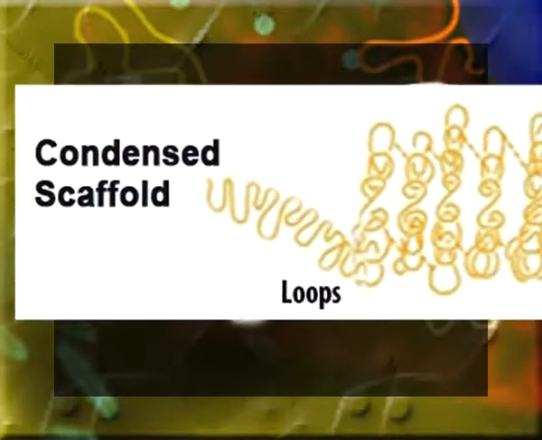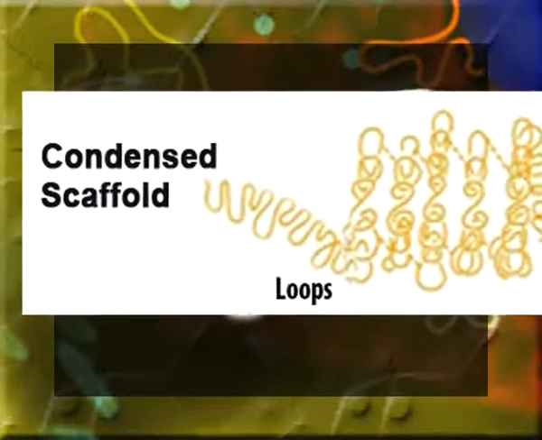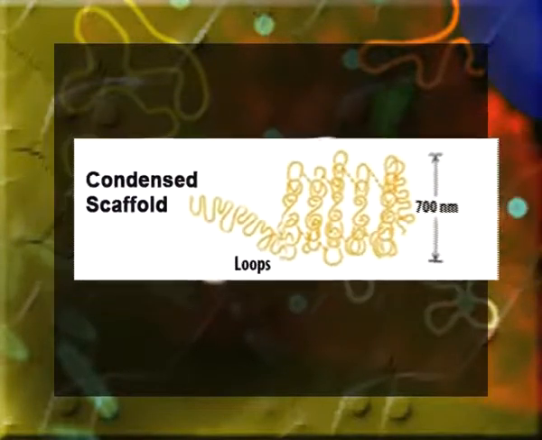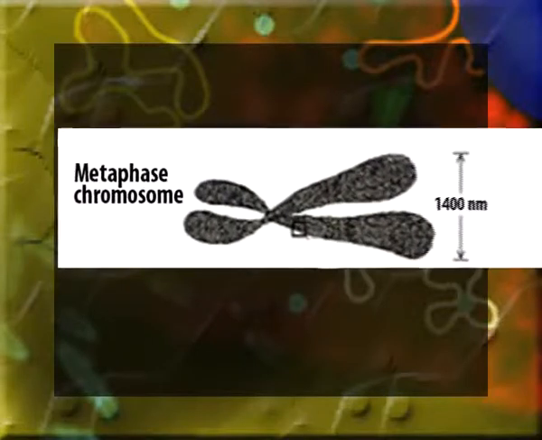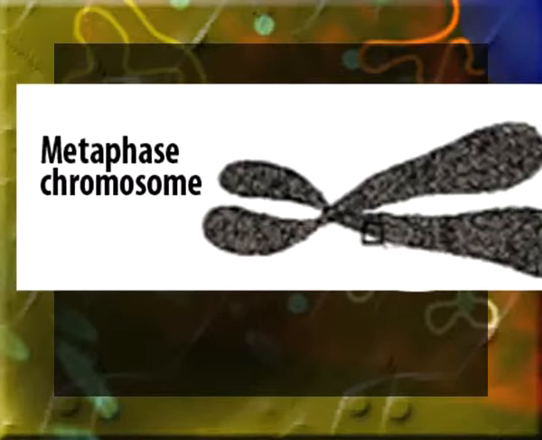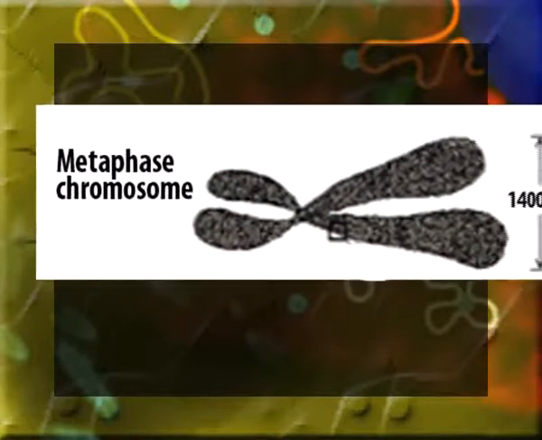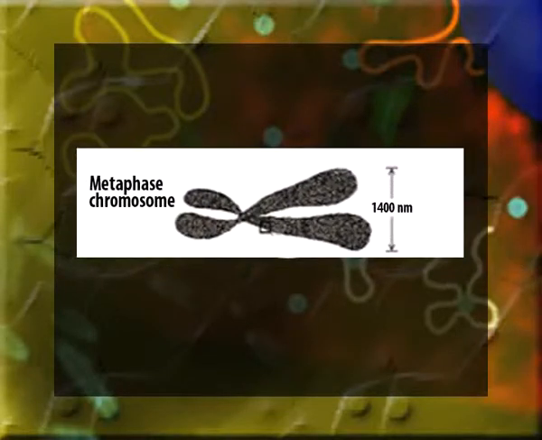These loops are thought to undergo at least one more level of packing to form the mitotic chromosomes. This final level of packaging is seen in the metaphase chromosome. The condensed piece of chromatin has a characteristic scaffolding structure that can be detected in metaphase chromosomes.